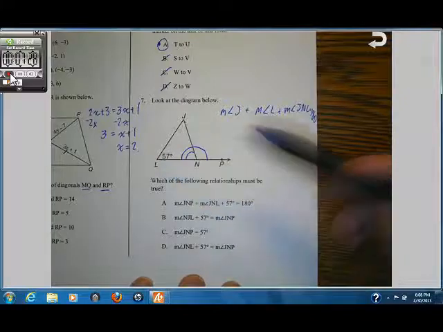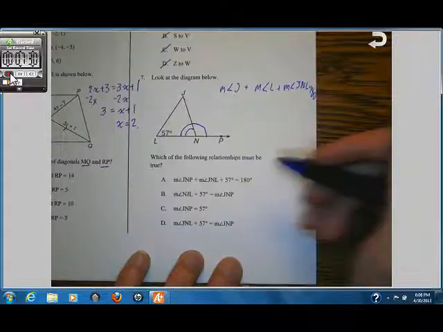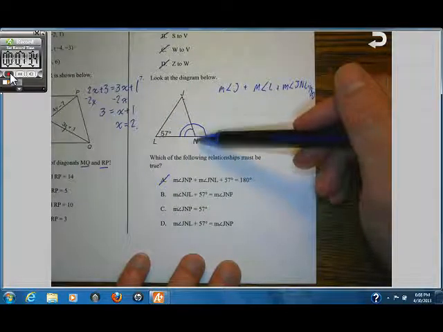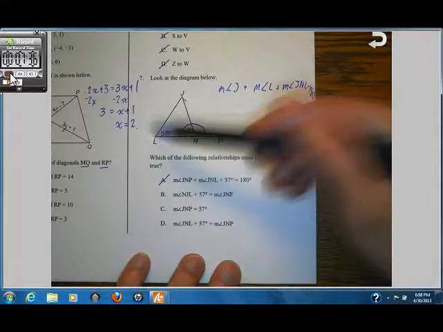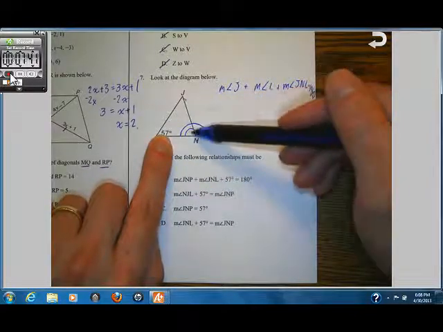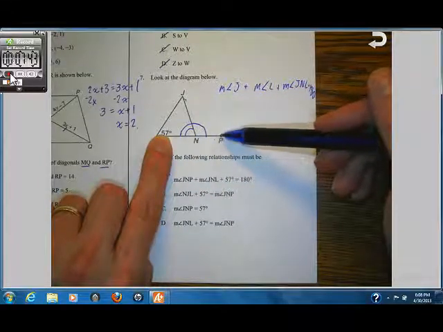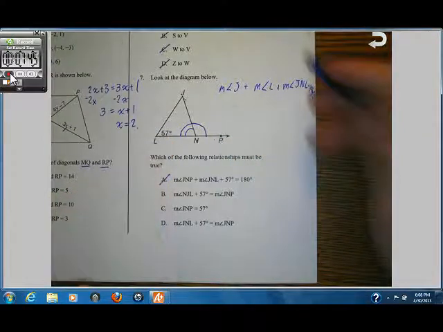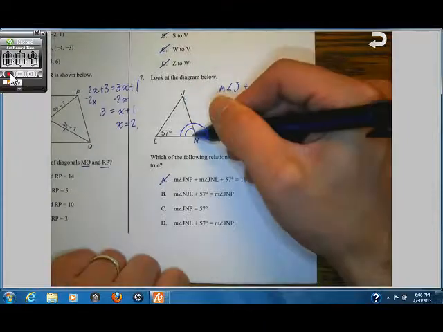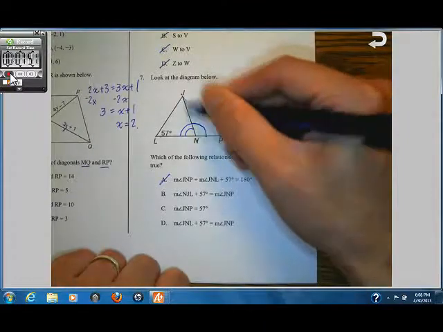The measure of angle NJL plus 57 is equal to the measure of angle JNP. That might actually be true. NJL, that's measure of angle J, plus 57 is this one, right?